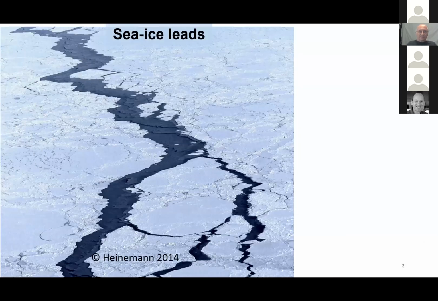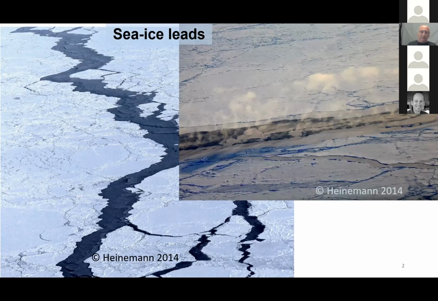Sea ice leads are cracks in the ice. This view from an aircraft gives the impression that this lead is approximately 2 kilometers in width, but many kilometers in length. Sea ice leads are thin ice or open water, and they transfer a lot of energy to the atmosphere, as you see in the formation of clouds by latent heat release.